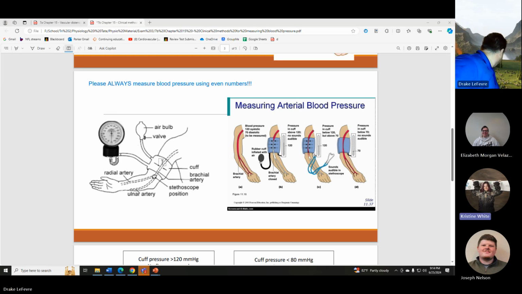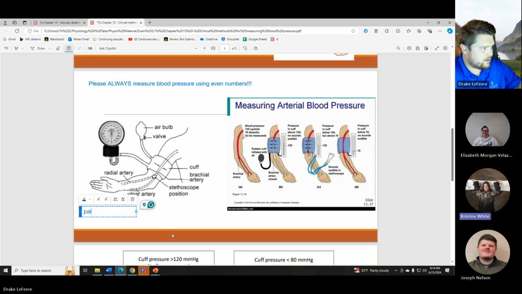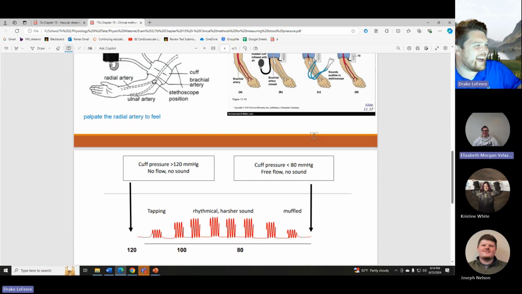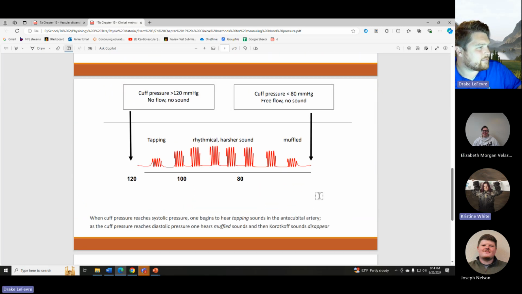Also, remember if you're going to take it by palpation, make sure you note that you took it by palpation, saying, hey, I didn't use the stethoscope, I just waited till I couldn't feel the pulse anymore. Yeah. Also, don't upset nurses. They run the hospital. That's half the fun. Actually, no. Paramedics run the hospitals where I work. 90% of the ER workers are paramedics.